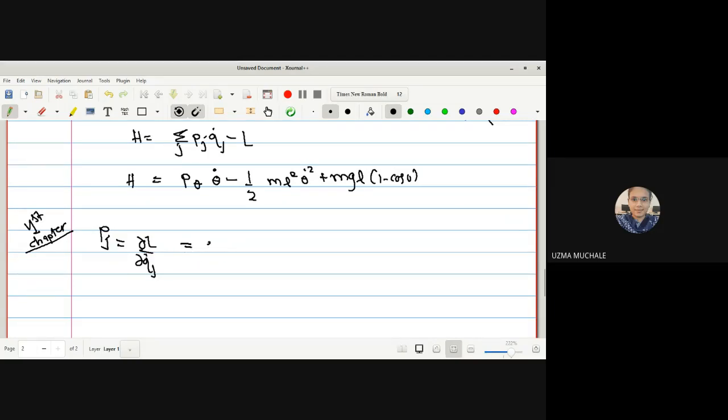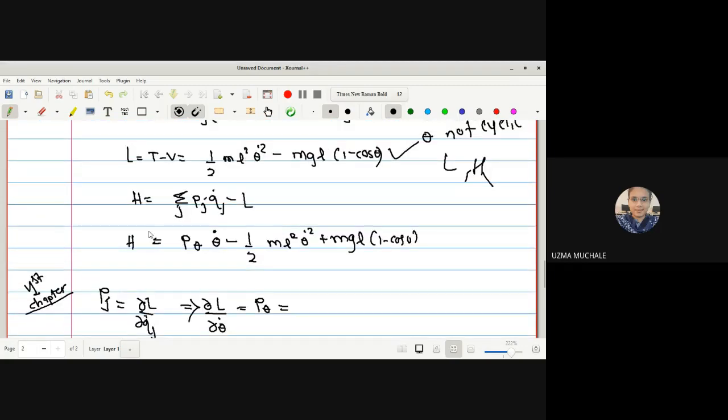So we can write dou L by dou theta dot as p theta. To find the value of p theta, you have to differentiate the Lagrangian L with respect to theta dot.